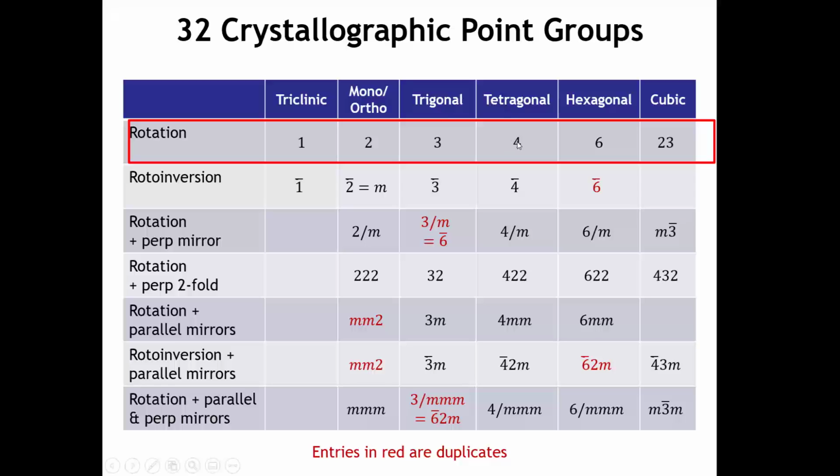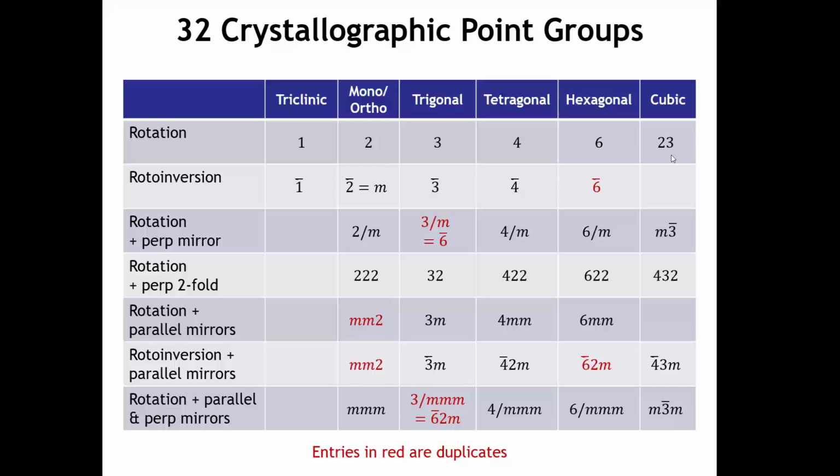We could have a fourfold rotation axis, that would be tetragonal, or a sixfold rotation axis, which would be hexagonal, or we could have one of these cubic point groups. And the thing that makes something a cubic point group is that you have intersecting threefold rotation axes that go along the body diagonals of a cube. And the lowest symmetry cubic point group is 2 3.